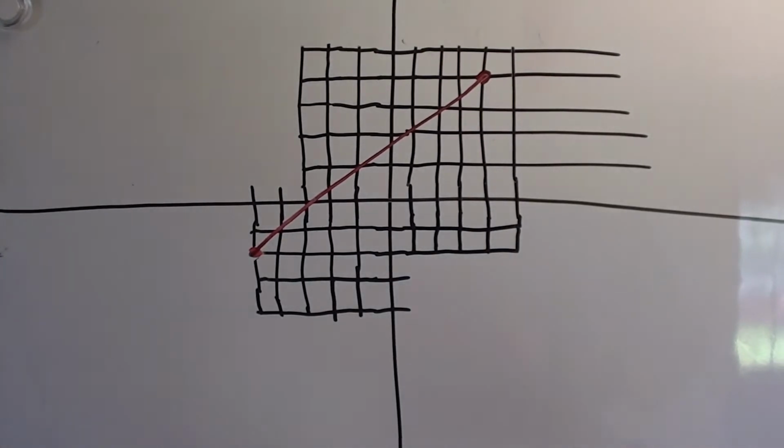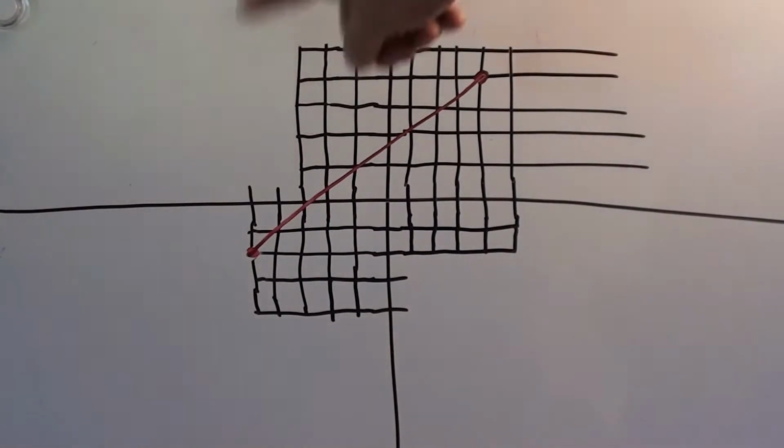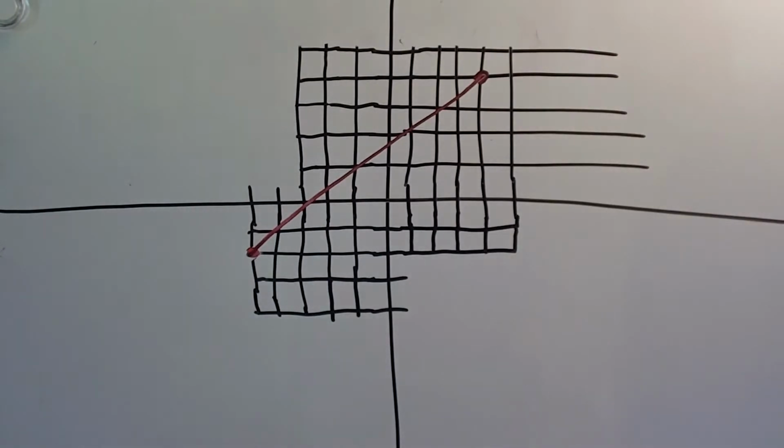Alright, let's look at this for a minute now. The reason I drew it like this is because we're used to seeing all the lines, but we only need the lines that the line segment is passing through. Okay, this is called a continuous graph. Okay, so now let's look at it.